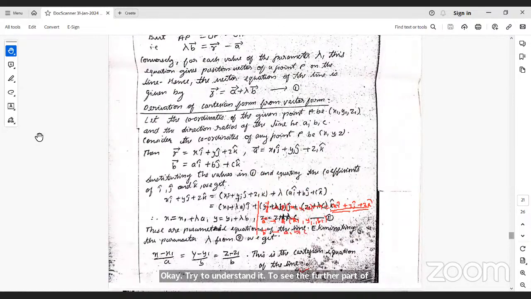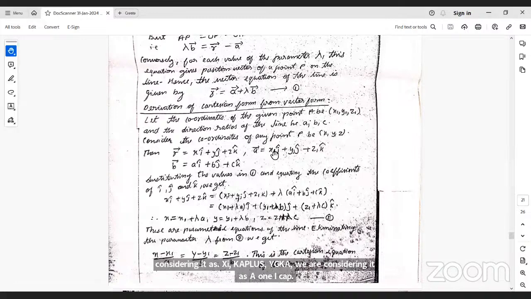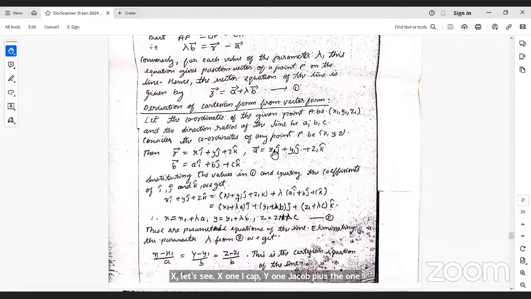Here, R we are considering as x i cap plus y j cap plus z k cap. A we are considering as x1 i cap plus y1 j cap plus z1 k cap, and B we are considering as a i cap plus b j cap plus c k cap.